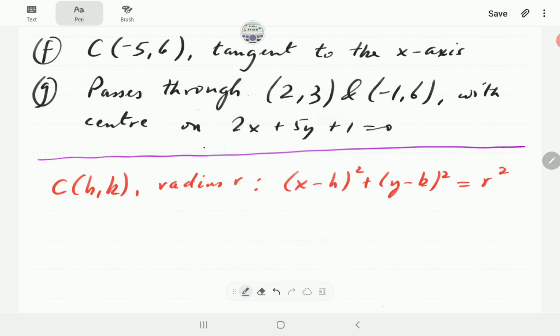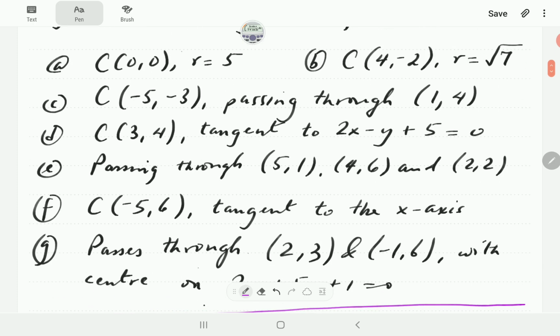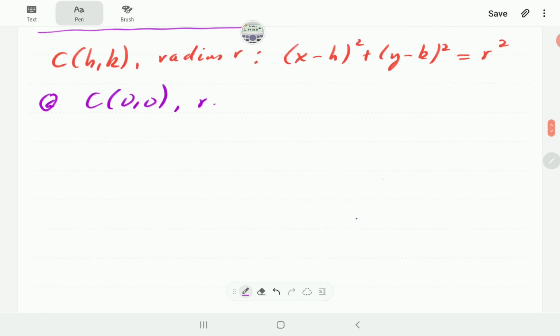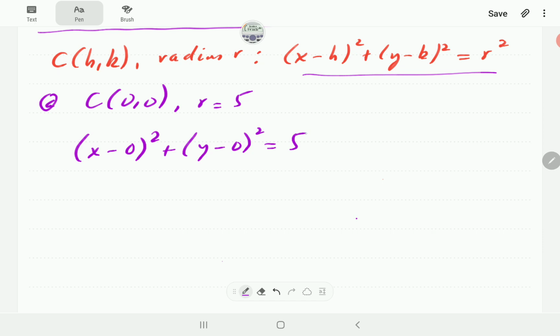So in the first example we have the center at 0, 0 and the radius is 5. So if we simply plug these in there, we're going to have x minus 0 squared plus y minus 0 squared is equal to 5 squared. So this is simply going to be x squared plus y squared is equal to 25.